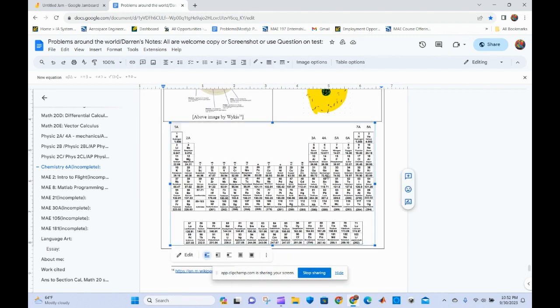So if you go to the periodic table, you see this 1.008. You have no idea what that means. Well, there's a 0.003 because there are special isotopes, isotopes that have maybe one more neutron or three more neutrons.